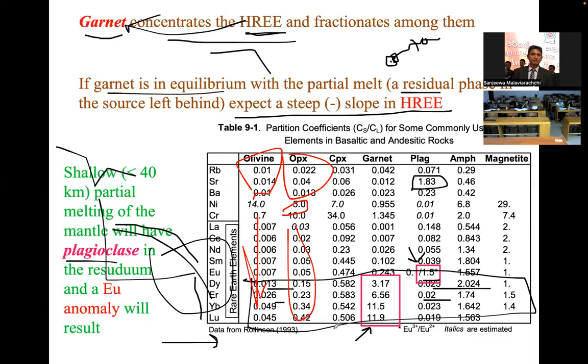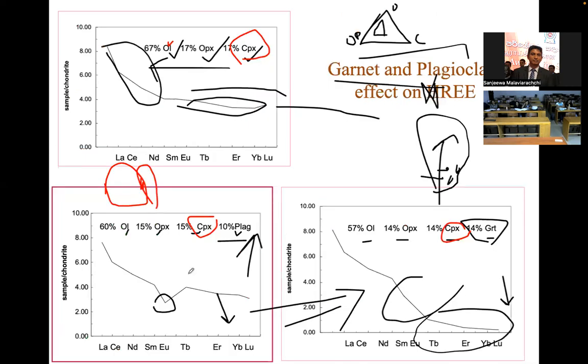But you see, CPX can accommodate because it's almost 0.5 like here, right? At least these elements and these ones. So that's why I was interested to see this common aspect with respect to the clinopyroxene rather than olivine or OPX, right?